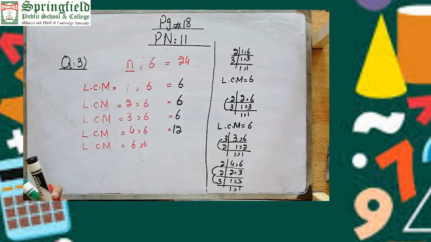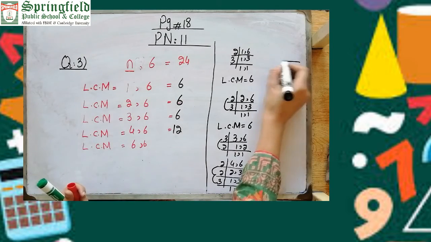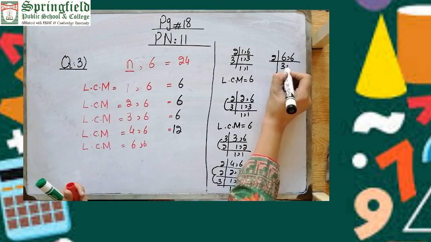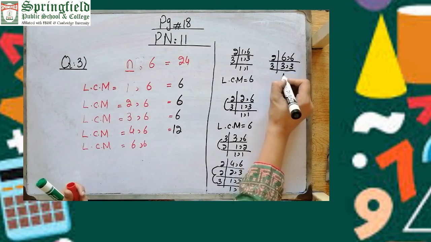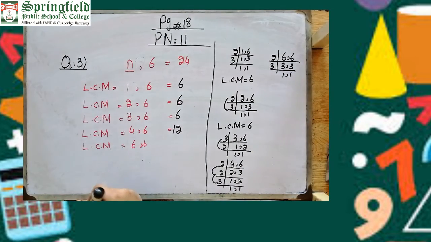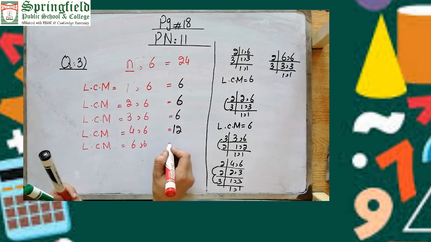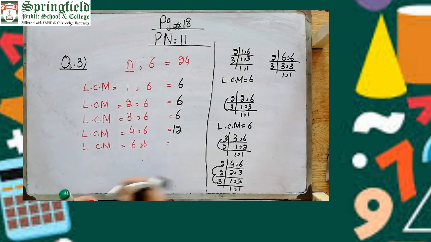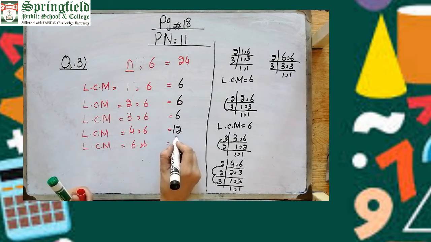Then what will be the LCM of 6 and 6? 3 2s are 6, so the LCM of 6 and 6 is 6.